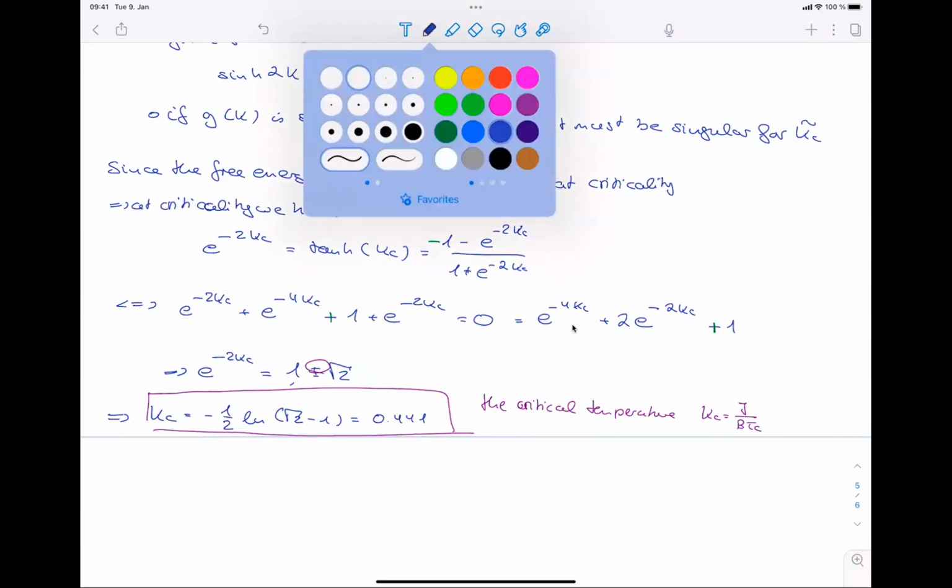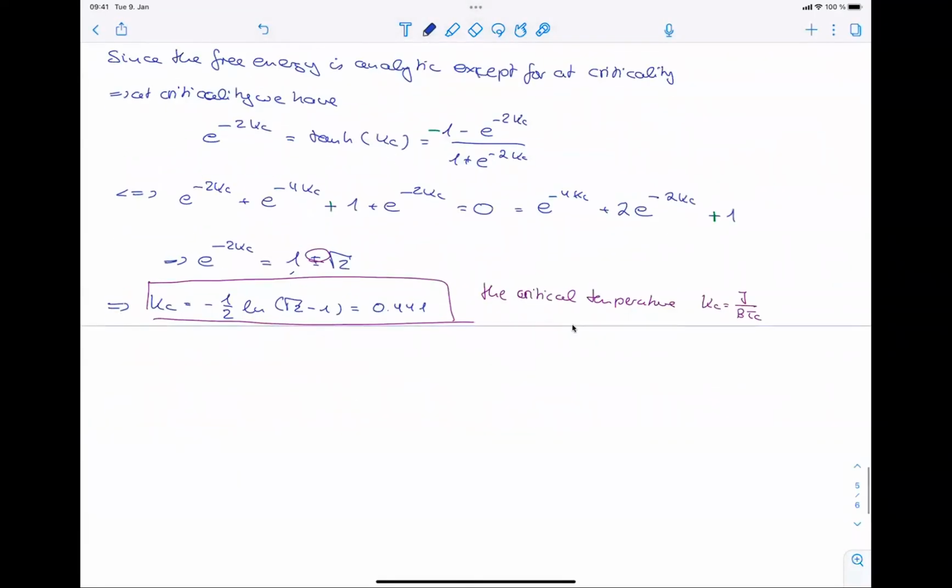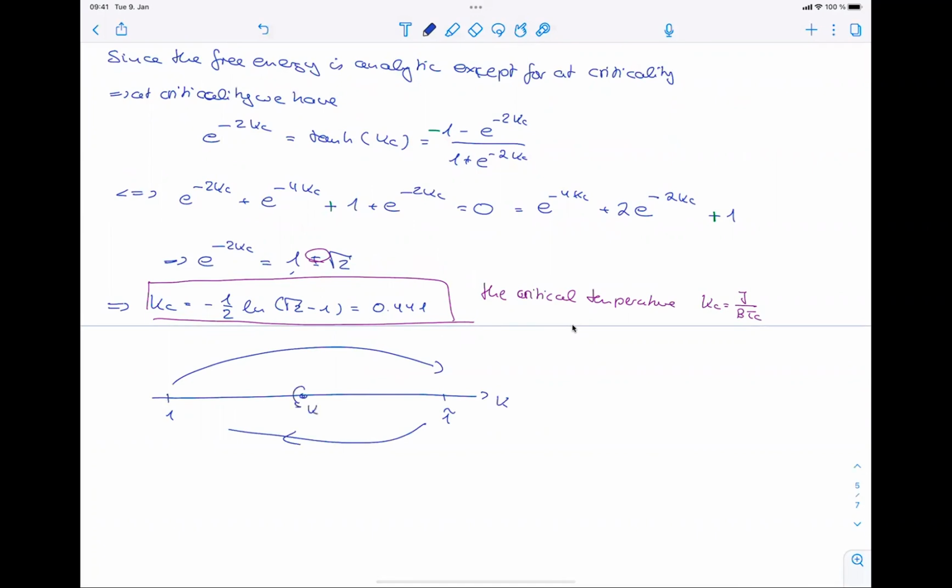And so just to visualize one more time, what we're doing here is that if we look at the couplings that we're mapping, we know that we can map the low temperature to the high temperature all along. But there's this one point in between, the critical point, that has to map onto itself.